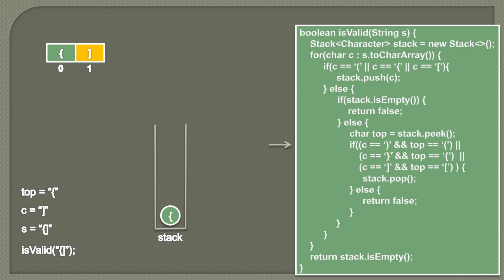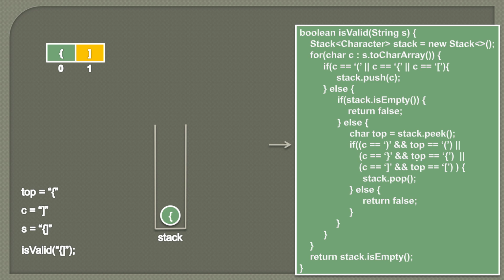Here you can see we provide three conditions separated by OR. If any of the conditions comes out to be true, then this if block will be executed. The condition is, if on the top of the stack we have a round bracket and the currently visiting element, which is C, is a closing round bracket, it means it's a match. And similarly with the other two brackets. So we are looking at the topmost element in the stack because we have to match the brackets of the same type in correct order.